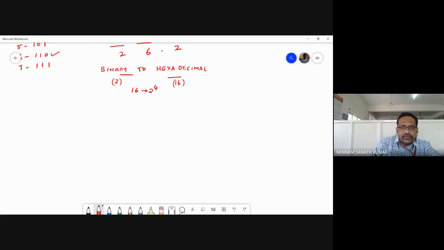Before that, you need to remember this. This is the hexadecimal number and this is the binary number. If it is hexadecimal 0, binary is 4 bits, represented as 0000. If it is 1, 0001. If it is 2, 0010. If it is 3, 0011.